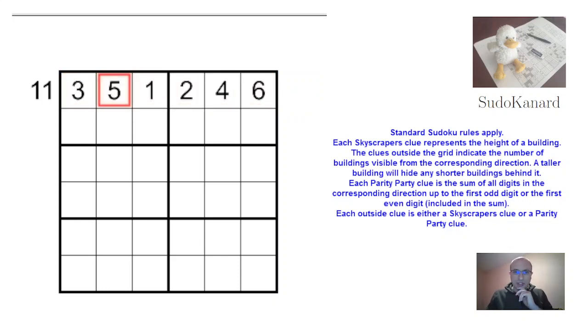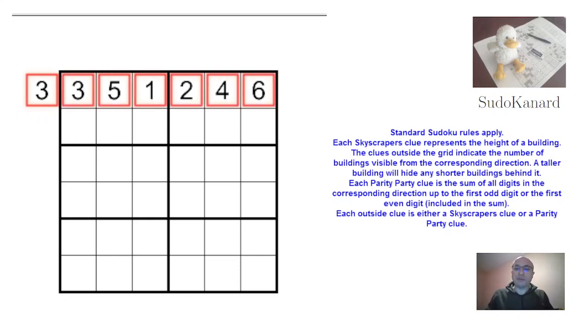Oh, actually, I will let it, because you see that 3 would work both as a Parity Party clue for this digit 3 and for a skyscraper clue. And I haven't really thought about which clues are so ambiguous that they can work with both sets of rules.